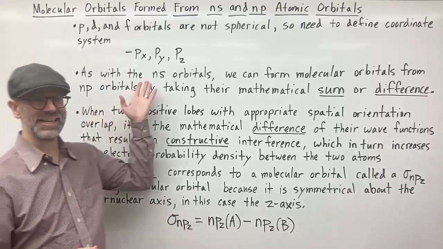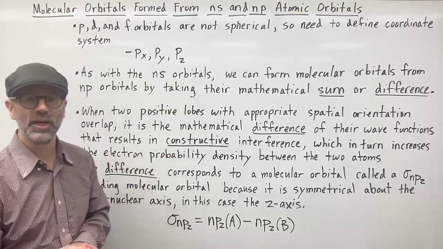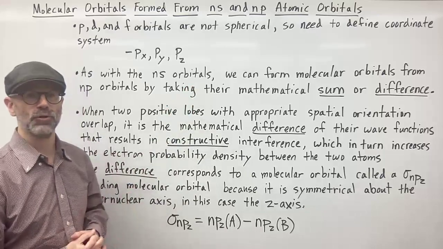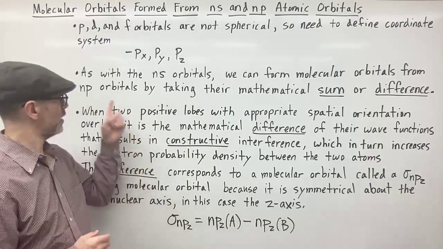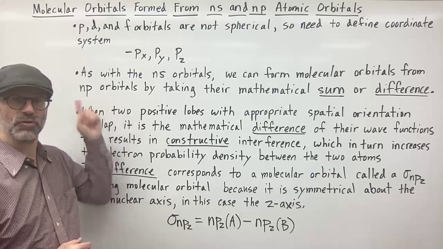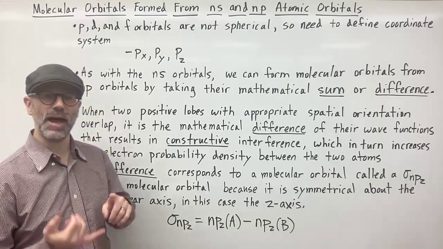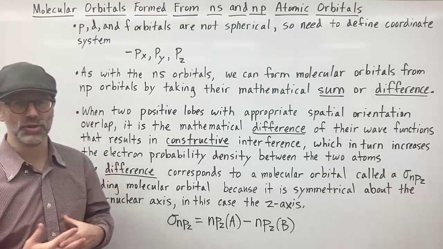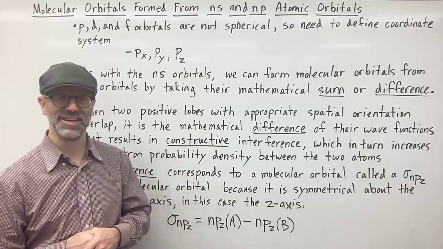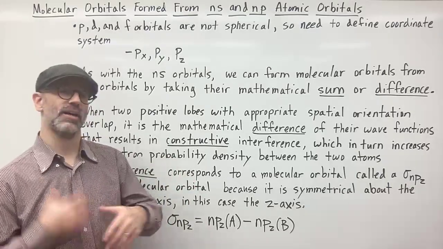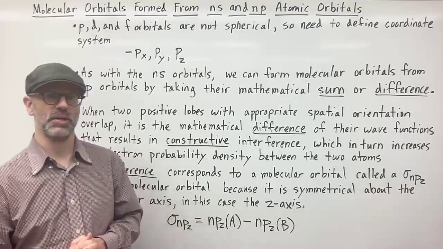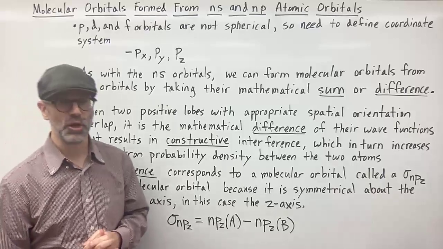As with the s orbitals, we can form molecular orbitals from the np orbitals by taking their mathematical sum or difference. We saw that in a previous video with the s orbitals. We're going to talk about that with regard to the p orbitals here in this video.